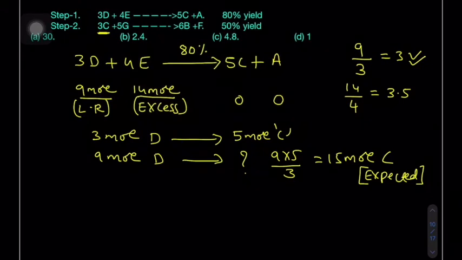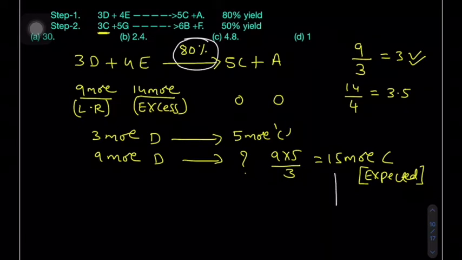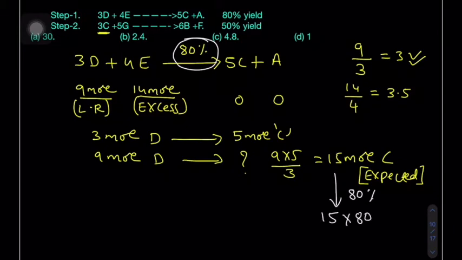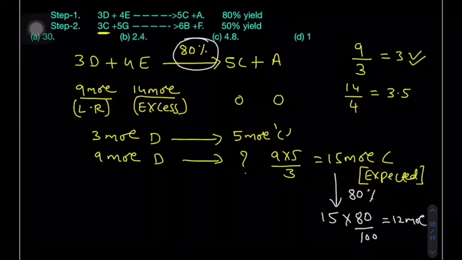But the percentage yield is 80%. If 100% yield gives 15 moles, then what about 80% yield? 80% of 15 moles will be 12 moles. So 12 moles of C will be formed. Are you getting my point?